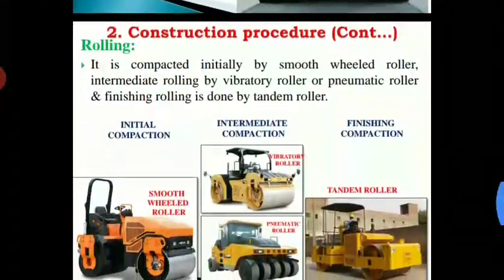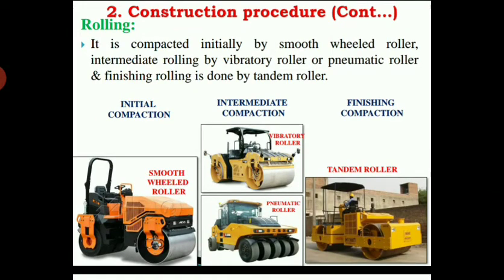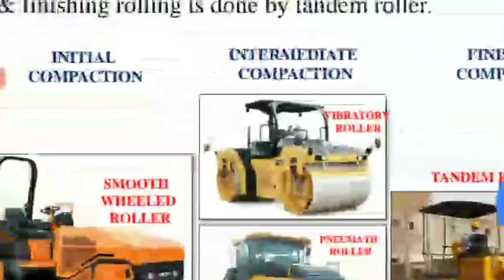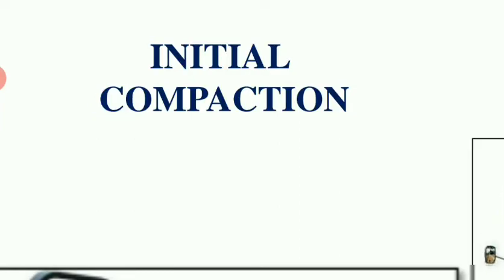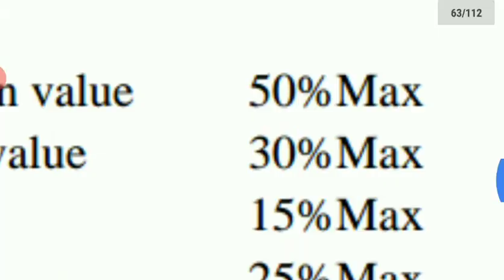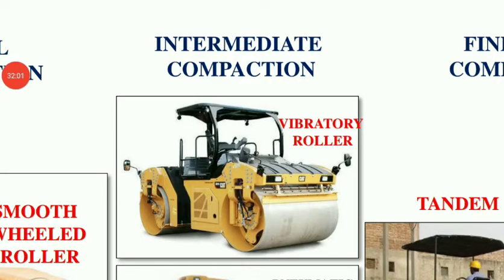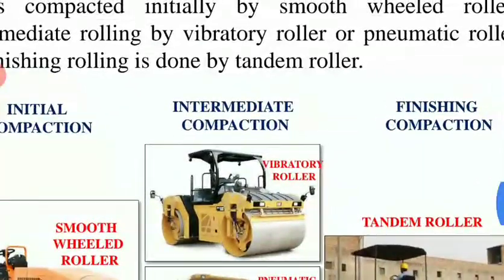And then the rolling system: the compaction can be done after the spreading of the bituminous mix. It is compacted initially by a smooth wheel roller. So here you can get three different stages: the first one is initial compaction, the second one is intermediate compaction, and the third one is finishing compaction.